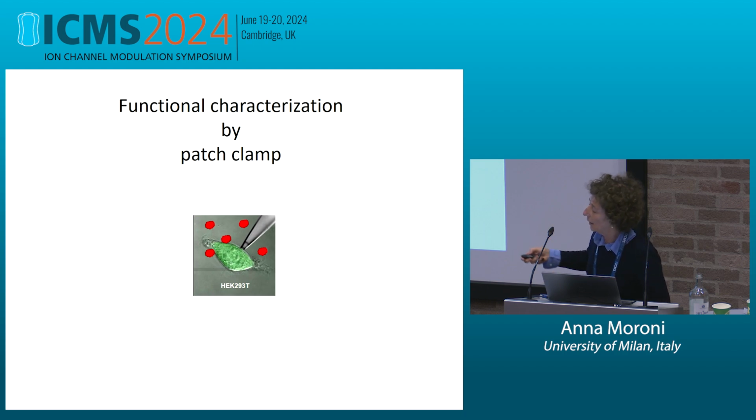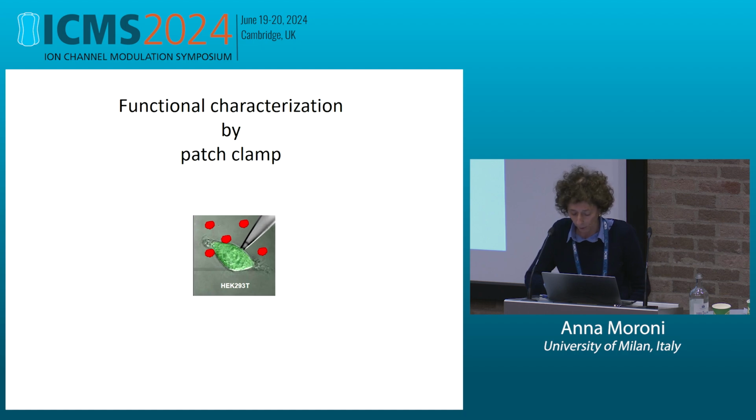We did a lot of screening inside, outside, but I'm showing you the most significant data, which were obviously collected with the nanobody provided from the extracellular side, because this is what we are interested in screening for.